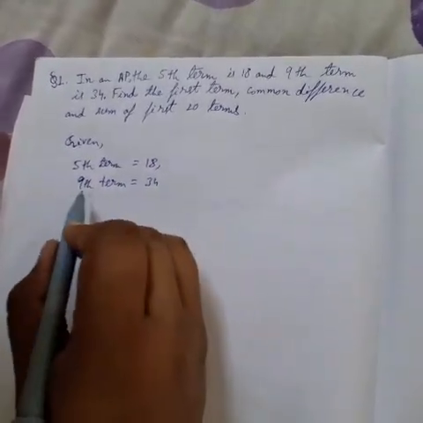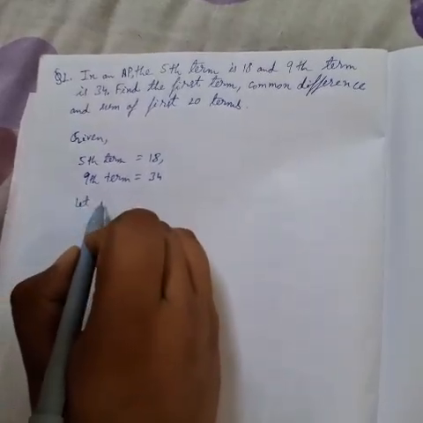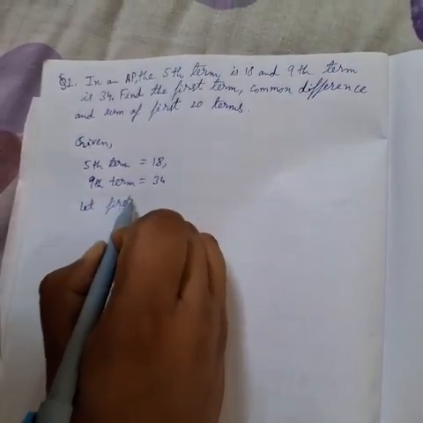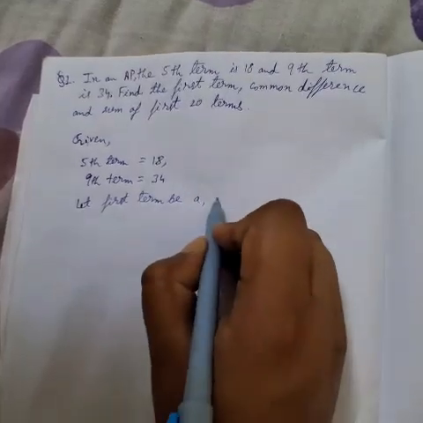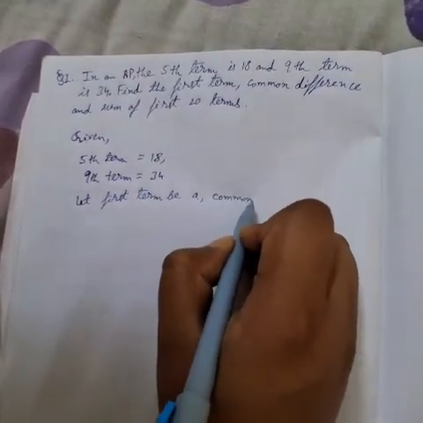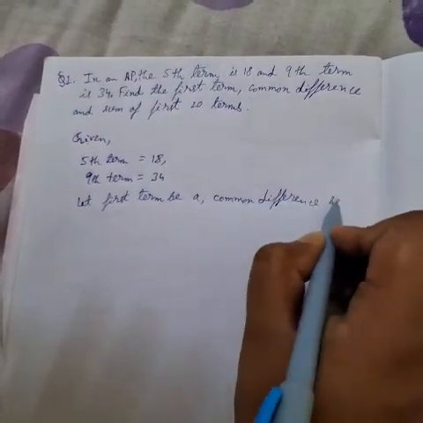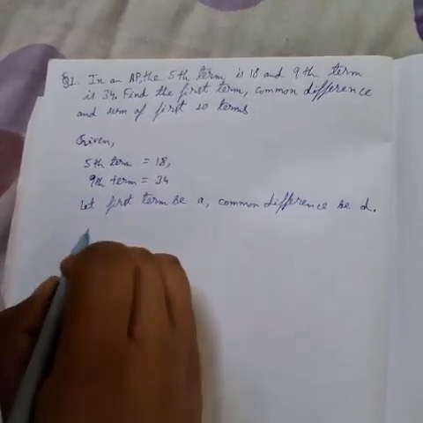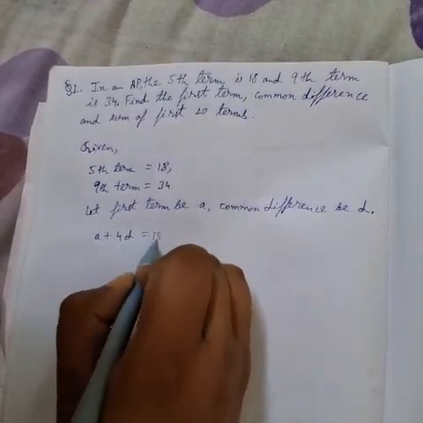So the fifth term is 18 and the ninth term is 34, and we can assume let first term be a, common difference be D, and the fifth term we can also write as a plus 4D equals 18.